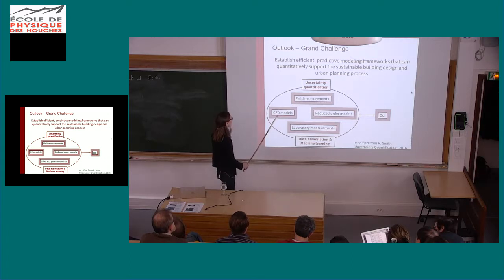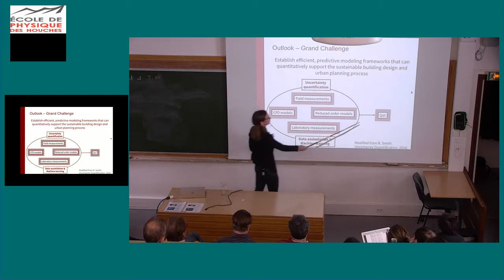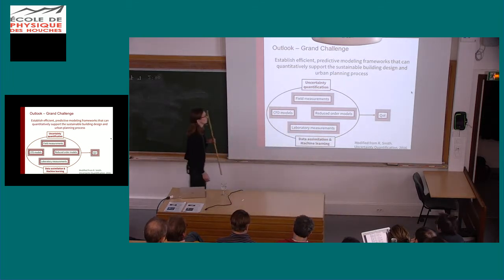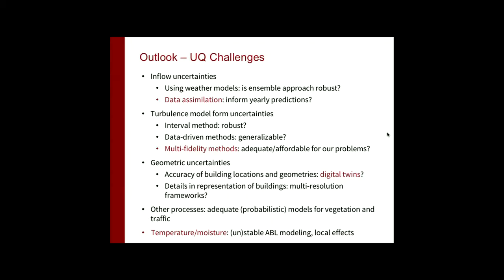We've done quite a bit of work on how you quantify uncertainties in each of these separately, but we need to bring that together. I think uncertainty quantification, data assimilation, and probably also machine learning will be instrumental tools to do that, so that we can get predictions for quantities of interest with confidence intervals as well.